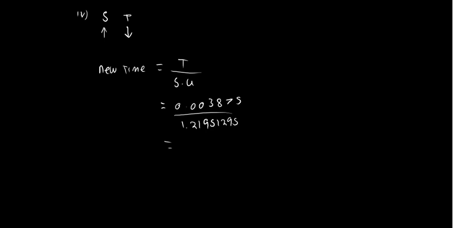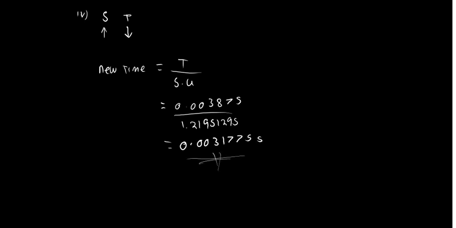But since I already have that value on the calculator, I'm just going to use the fraction that we have there. So it's going to be 0.003875 divided by the previous answer we got for the speed up, which gives us 0.00317775 seconds.